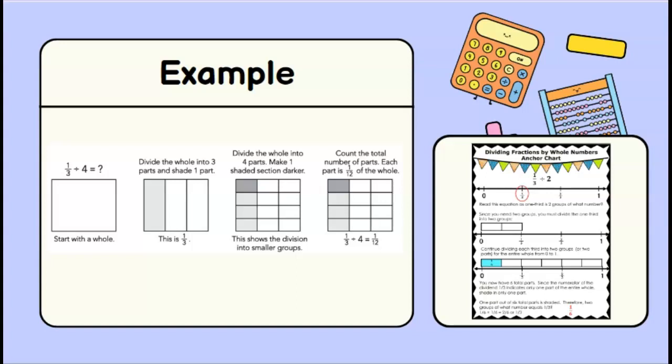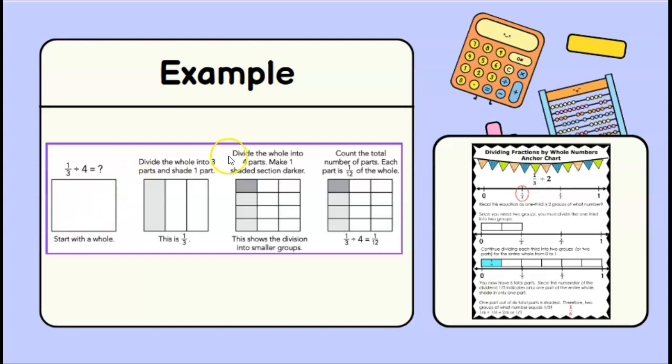First, I would divide the whole into the number of parts stated in the denominator, and then shade one of those parts. So here we have 1/3 divided by 4. I'm going to divide my shape into thirds, so 1, 2, 3 spaces, and shade 1/3 of that. Next, I am going to look at what I'm dividing those thirds by, which would be the number 4 here.